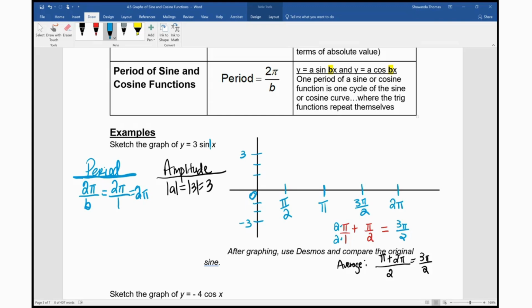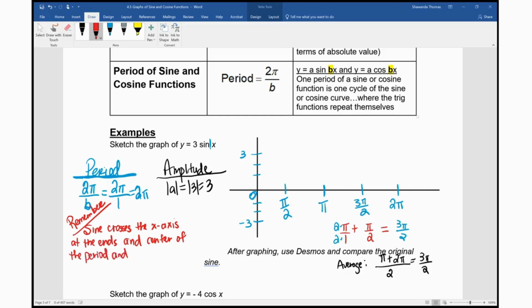It says 0, 0. All right, let me write it down again. Remember, we passed that page. Let's put it back on this page. This might be the last time I write it, though. All right, sine crosses the x-axis at the ends and center of the period and peaks at the quarters.